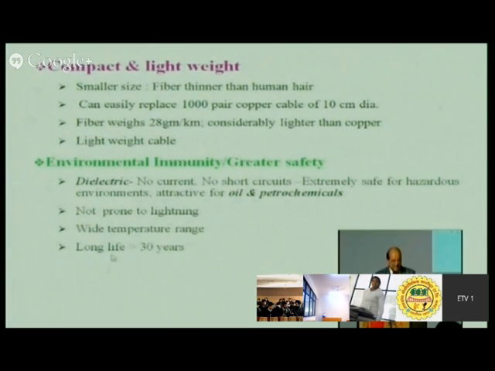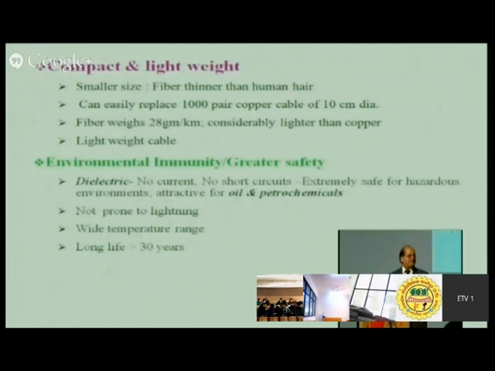Then long life. Optical fibers have a very long life, more than 30 years. The fiber which was installed or commissioned in 1977 is still working at its full potential. So their lifespan is more than 30 years. For copper, how much is the lifespan?